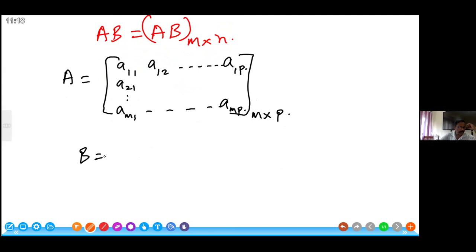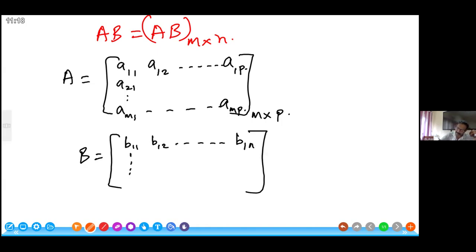the second matrix should be B11, B12, up to B1N.